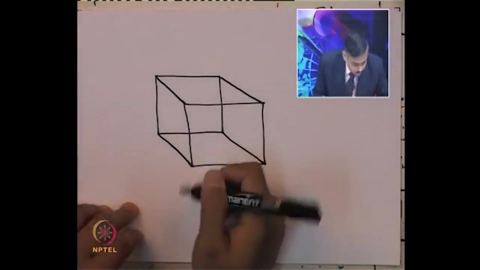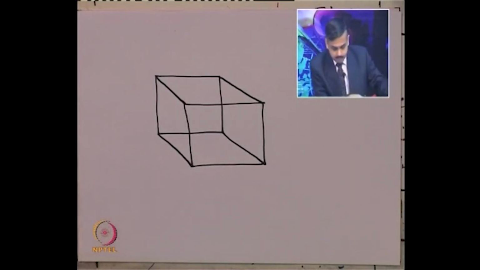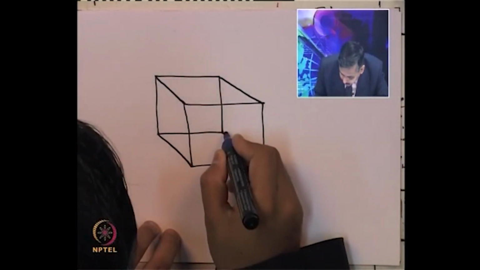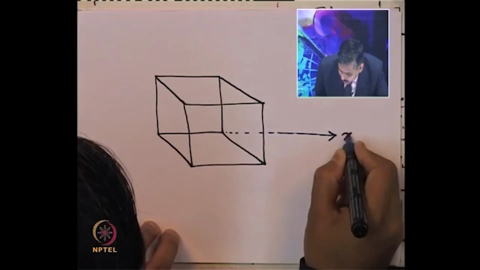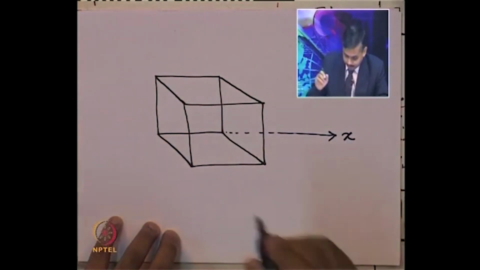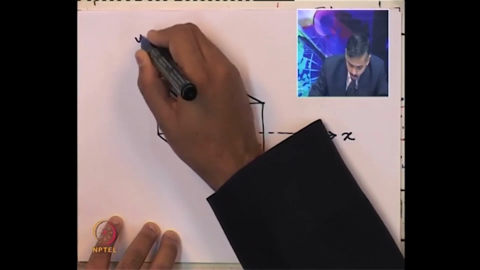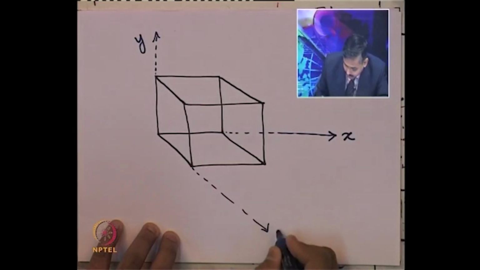Okay. So, now let us take the stresses on the face. Let us say this is our x axis, this is our y axis and this is our z axis.